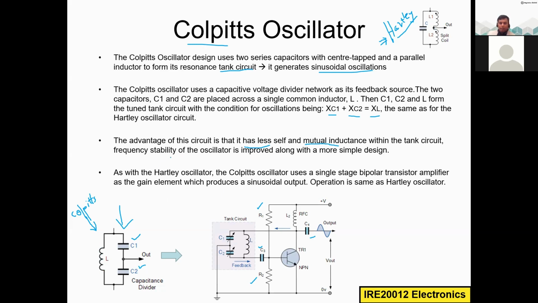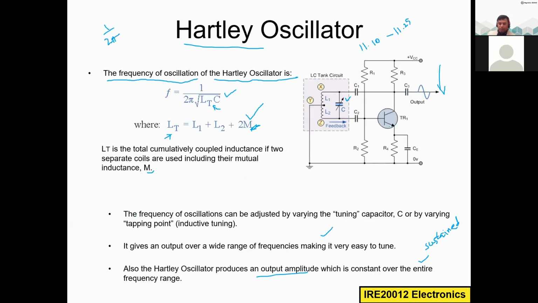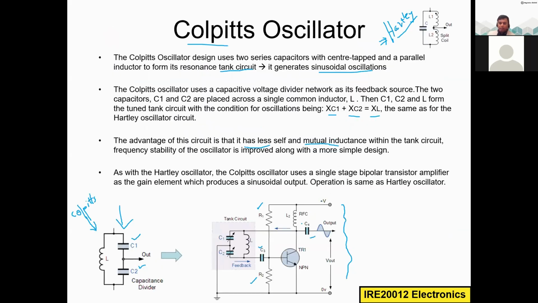So the frequency stability of the oscillator is improved along with a simpler design. In the previous circuit we had the R and C parallel combination in the emitter and the center tapped inductors L1 and L2. But here the circuit design is a little simpler.